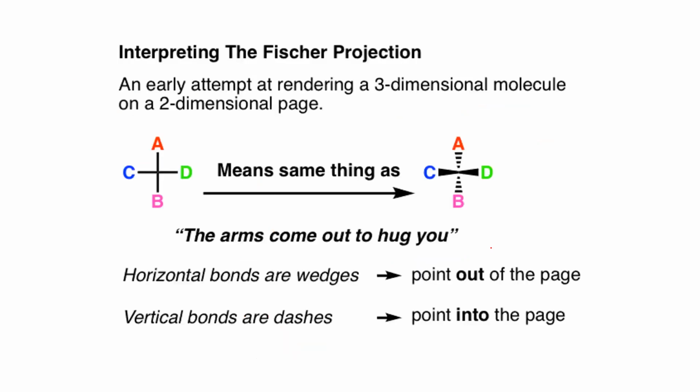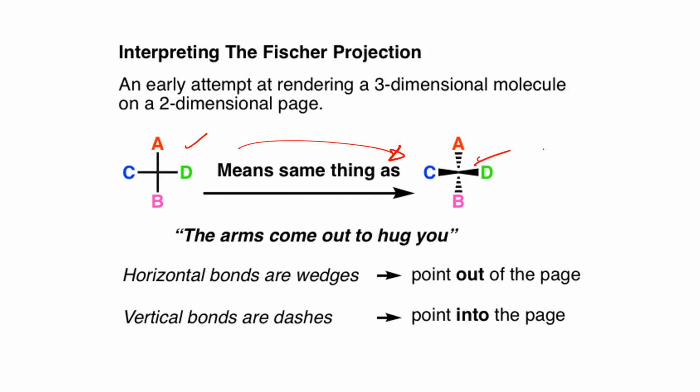So before we get to the answer, let me remind you how to interpret these Fischer projections, and how to determine the R and S configuration using Fischer projections. As I said, this is an attempt to draw these molecules in 2D. If you have a molecule with four different groups, A, B, C, D, and you draw the Fischer projection like this, it simply means C and D, which are on the horizontal line, are coming towards you.